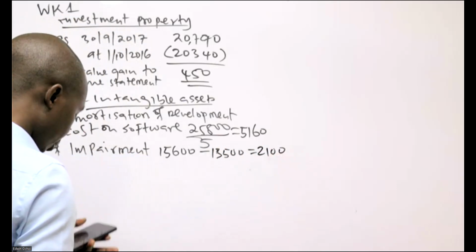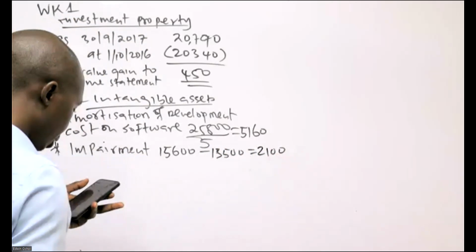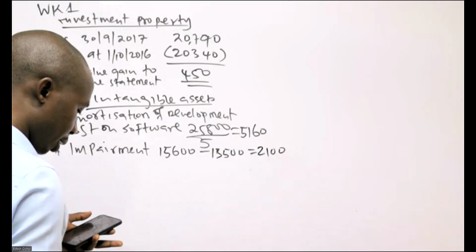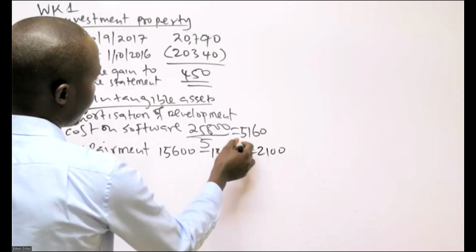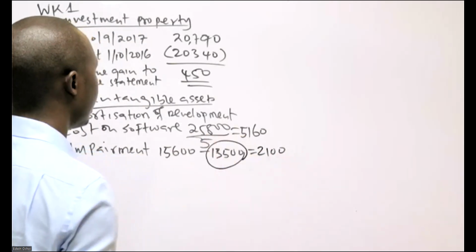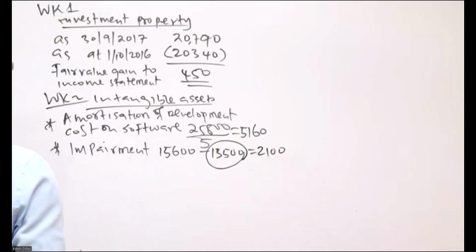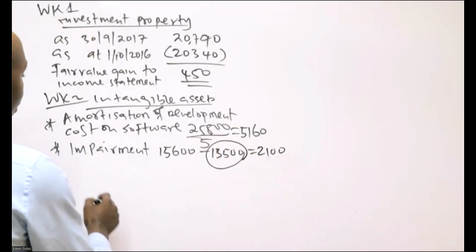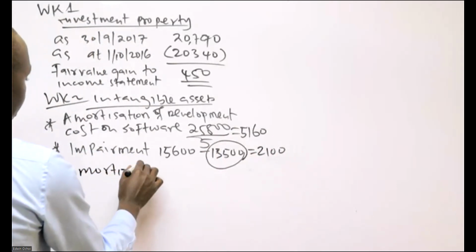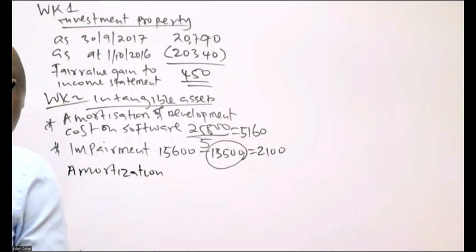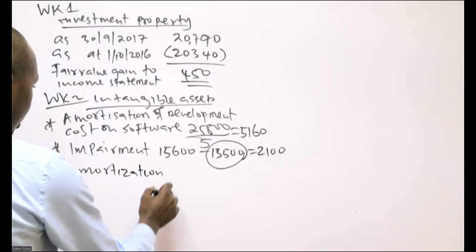Then they say with an estimated useful life of how many years? So after measurement to its fair value of 13,500, they have said that it had a useful life of 3 years.